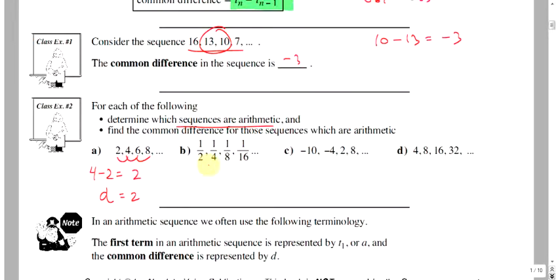How about this guy? A little tougher to see. Is there something I can add to a half to give me a quarter? Possibly. But does it continue? Or do we see something else going on here? It looks kind of geometric, doesn't it?